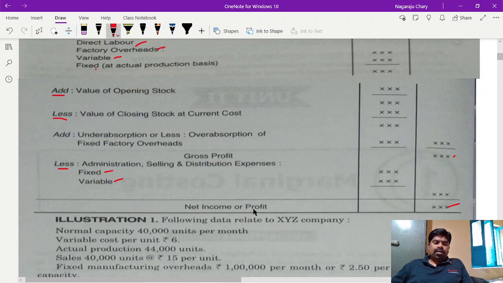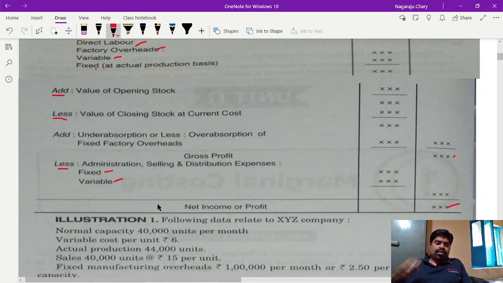So what I want to say through this pro forma is that in absorption costing, there is no variation of fixed cost and variable cost, and in marginal costing we will show the variation of fixed cost and variable cost. In absorption costing, there is no differentiation between these two costs. Whatever cost is incurred, those costs are to be taken into consideration. That's why these two costs are to be considered as cost, whether fixed cost or variable cost.